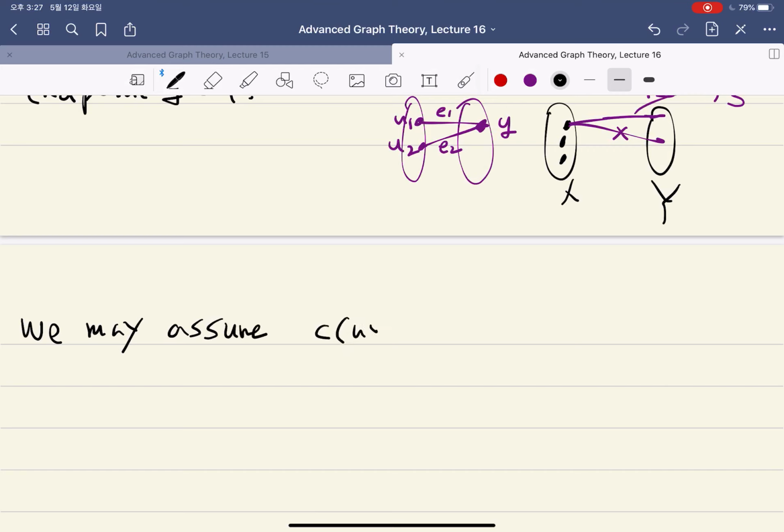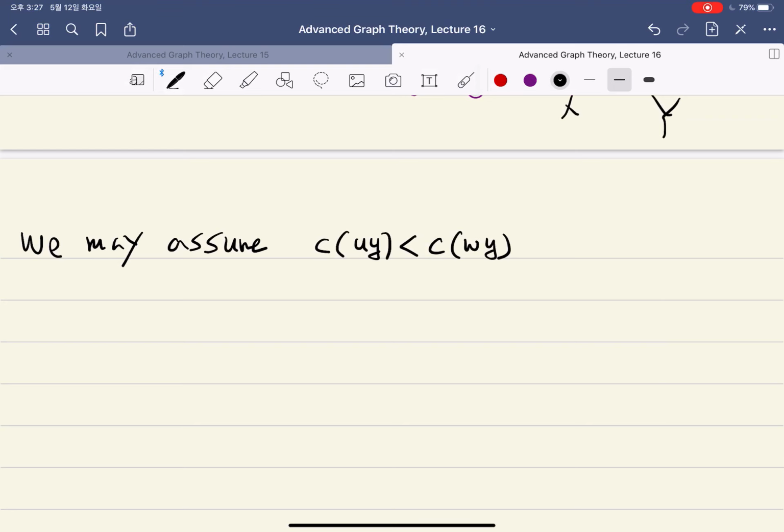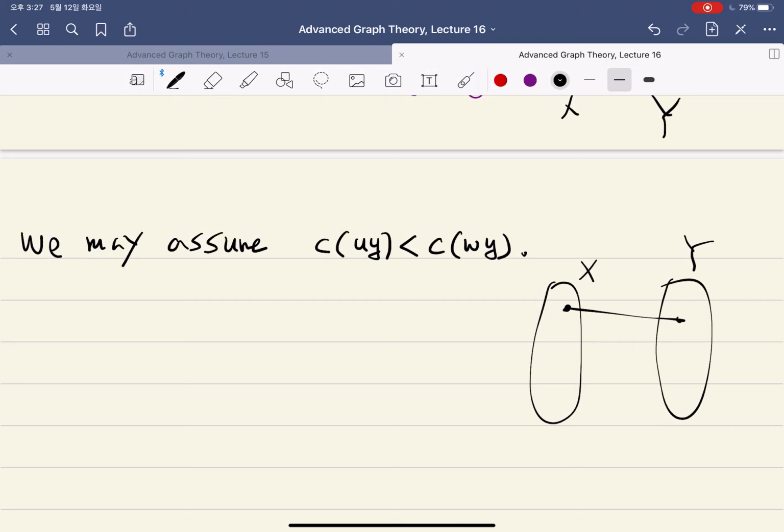Let's say uy is the one with the smaller c value. So we have x, y, u, w, y, 1, 2. So now this wy is our choice of deleting.